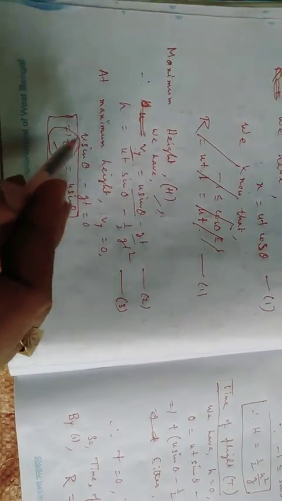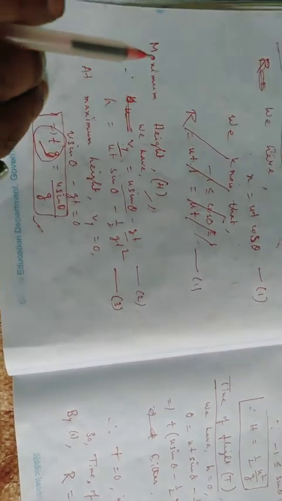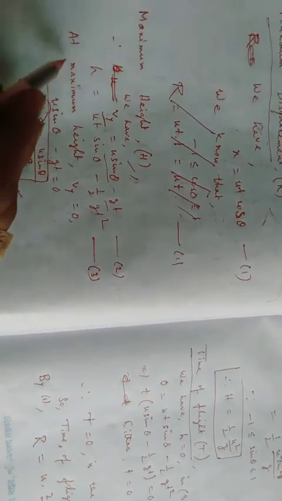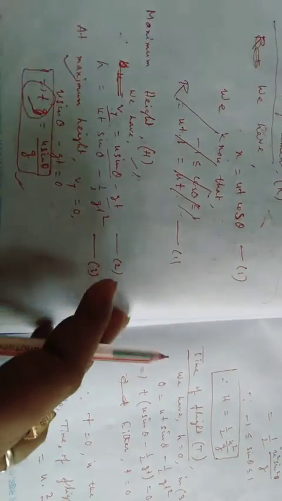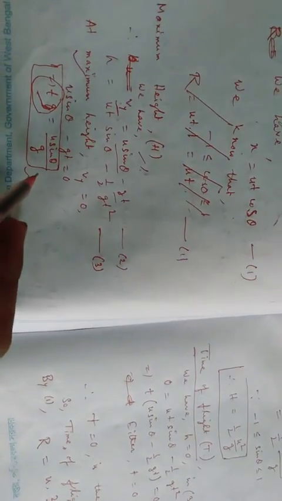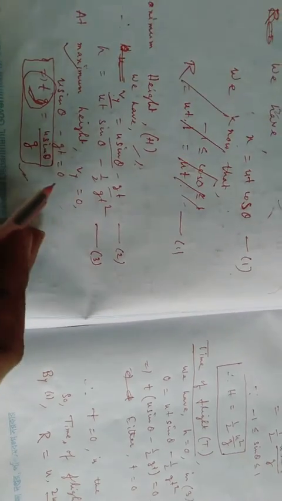So this t we have found out for maximum height: the time taken to reach the maximum height is u sin theta by g.